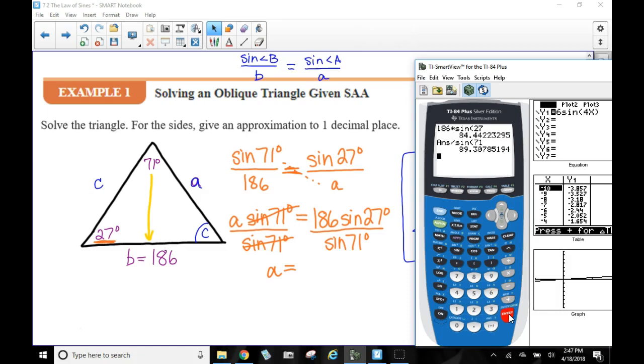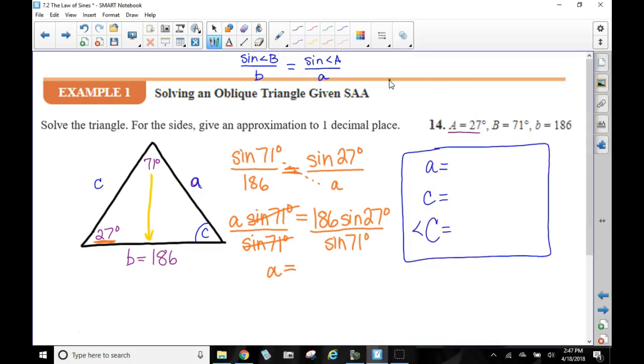And so side length A is 89.307. It's said to round to one decimal place, so I'm going to say A is 89.3. Let me put that in my answer box: 89.3 units. A is 89.3, and we can label that over here as well.